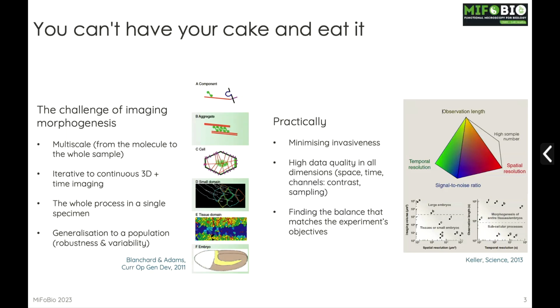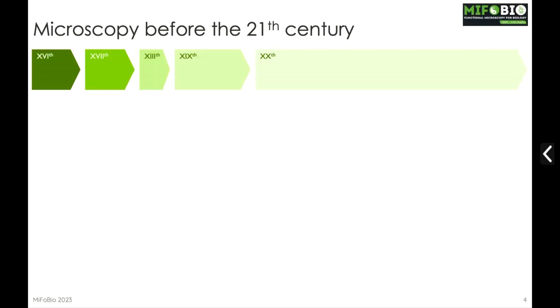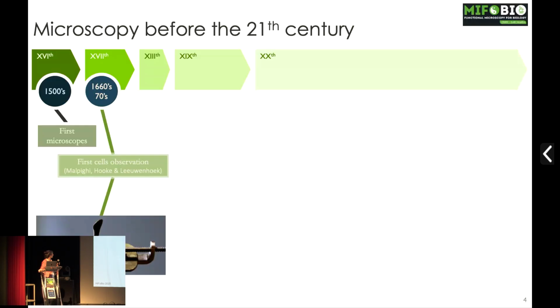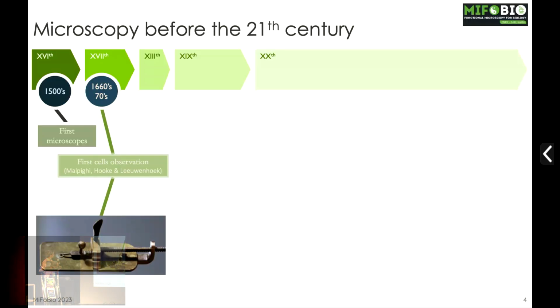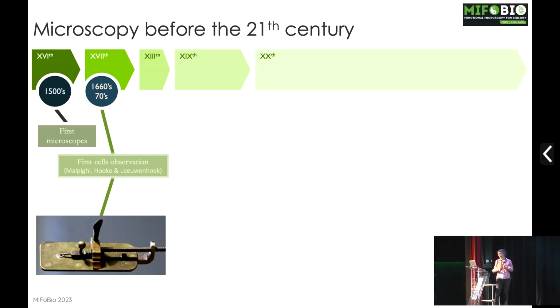So from the beginning of microscopy, this is a bit of a silly overview, but what happened before us during the past centuries? Of course, you are all familiar with old-fashioned microscopes, which are really easy: there is just one lens and a sample holder and basically a screw, and that was it.